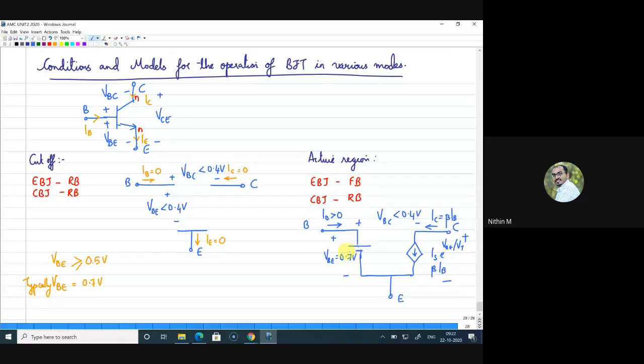So I represented that using the cut-in voltage or the on voltage across the PN junction, 0.7. And I also stated that the collector base junction should be reverse biased. Your VBC should be less than 0.4. Why is it so? Why did I tell that VBC should be less than 0.4?